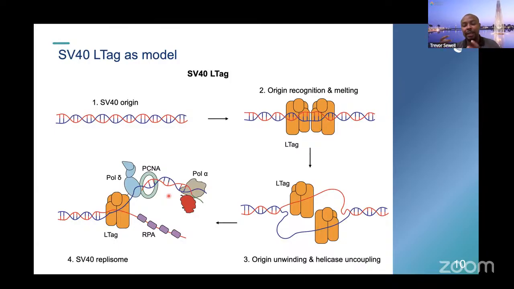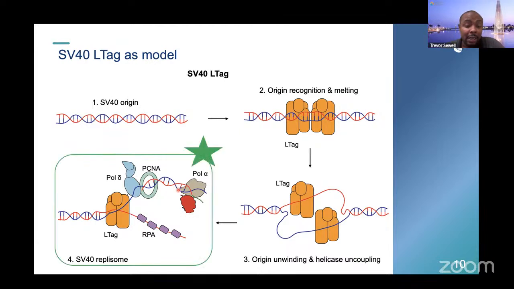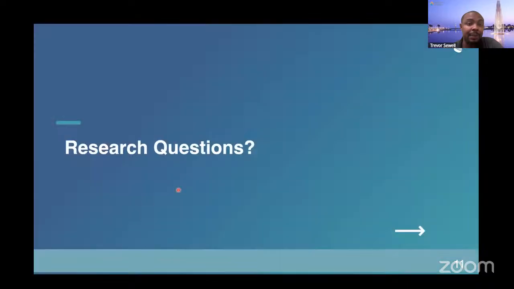So in a way, the virus uses the LTag protein to hijack human DNA replication factors, and this property of LTag and the virus indeed makes it a suitable model to understand the eukaryotic DNA replication process.